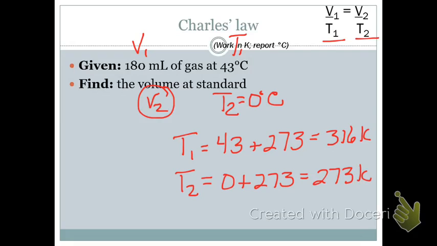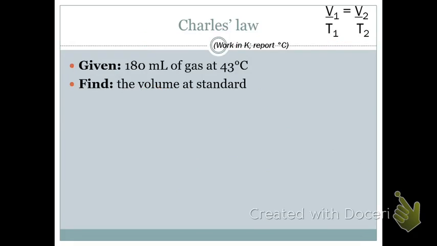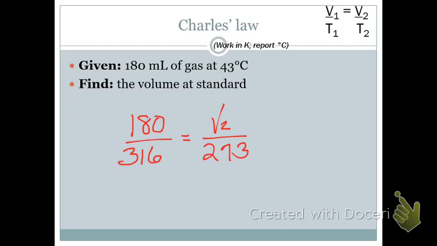If I set it up correctly, I have 180 divided by 316 is equal to V2 divided by 273.